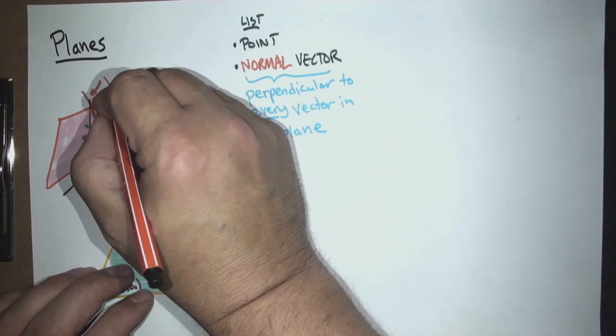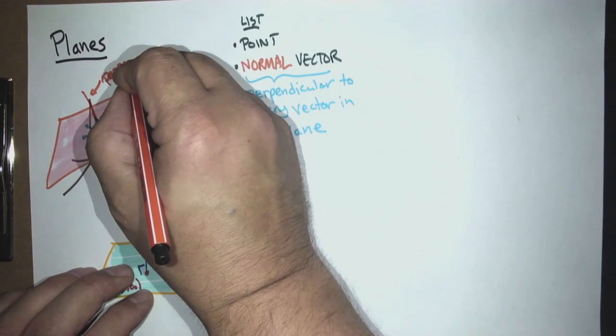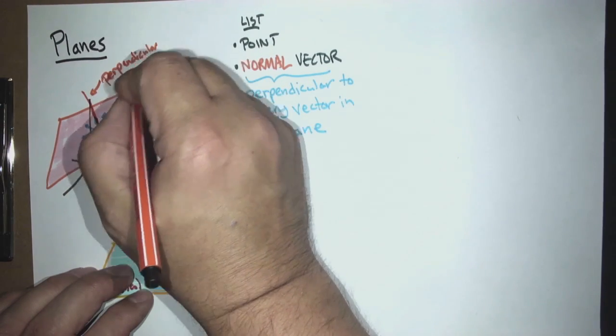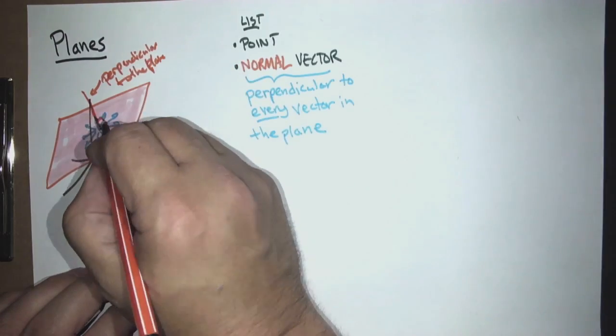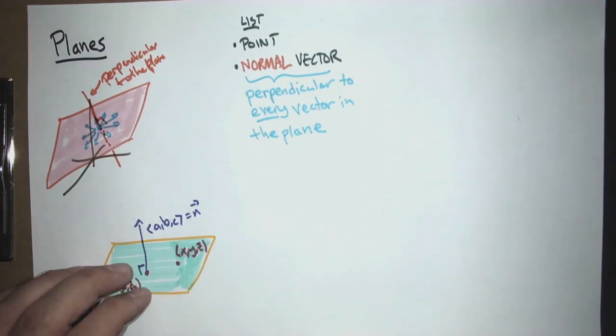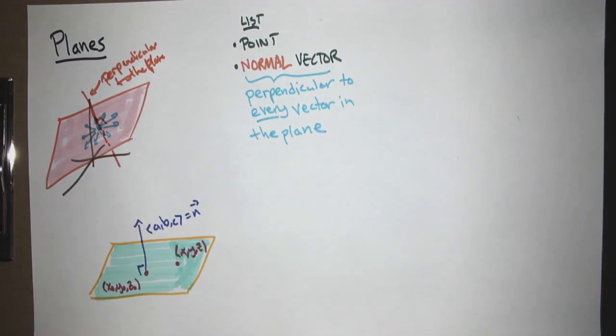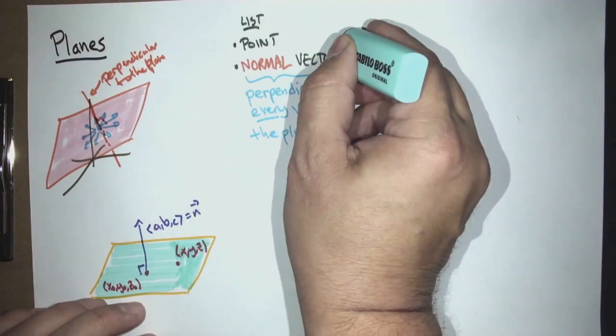So this is perpendicular to the plane. And in particular, when we talk about the vector, we have what's called the normal vector. So whenever you hear the word normal, you should think perpendicular. So the normal vector is perpendicular to every vector in the plane.